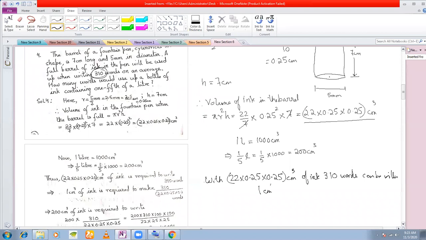With 1 centimeter cube of ink, how many words can we write? 310 divided by 22 into 0.25 into 0.25 words can be written.